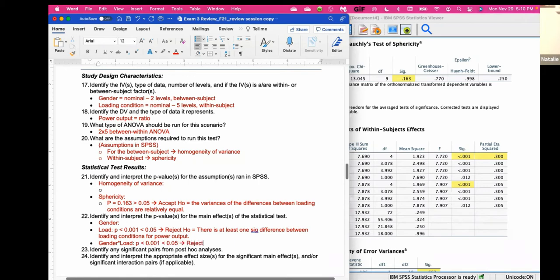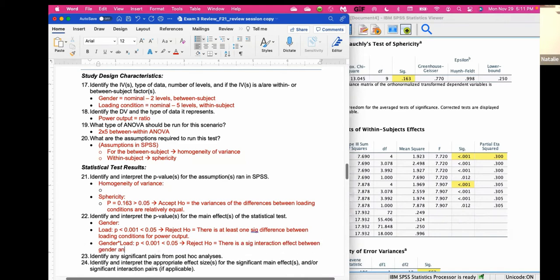So we'd also reject the null hypothesis for that one and say there is a significant interaction effect between gender and load for power output.